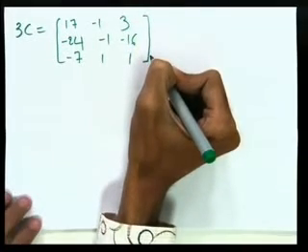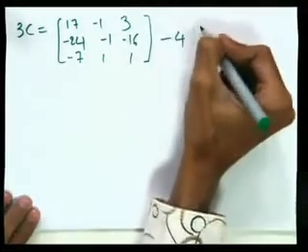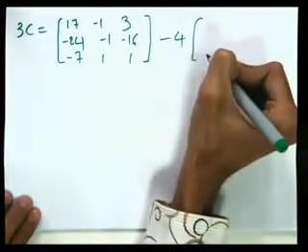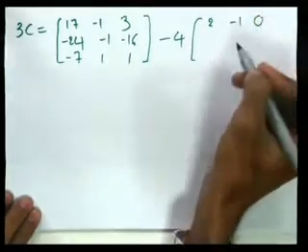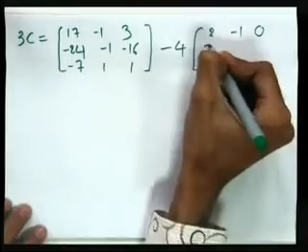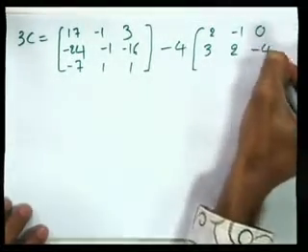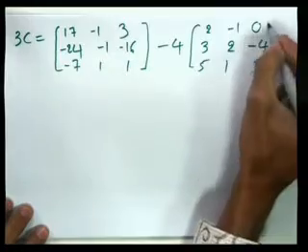This is our B minus 4A, where 4 is a scalar multiplying the matrix A, which is [2 minus 1 0; 3 2 minus 4; 5 1 9].